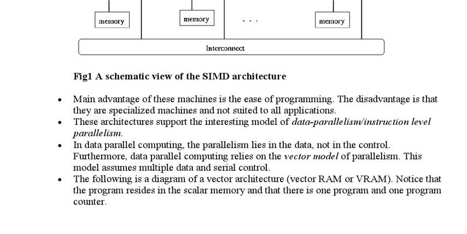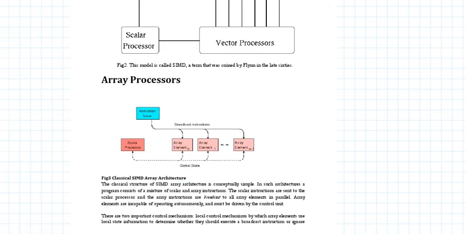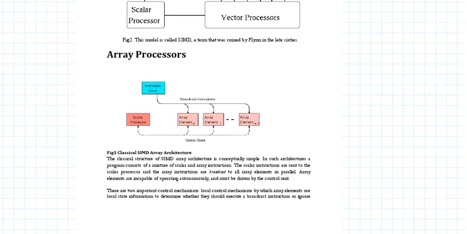If you have a vector type instruction, or an instruction which can take advantage of ILP, you will route that to the vector processor segment. So next, in this category, a more specialized implementation of SIMD processor is the array processor.